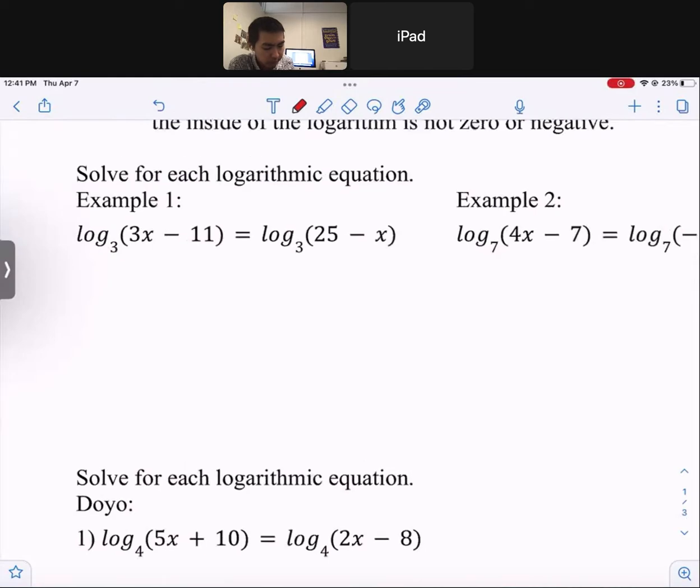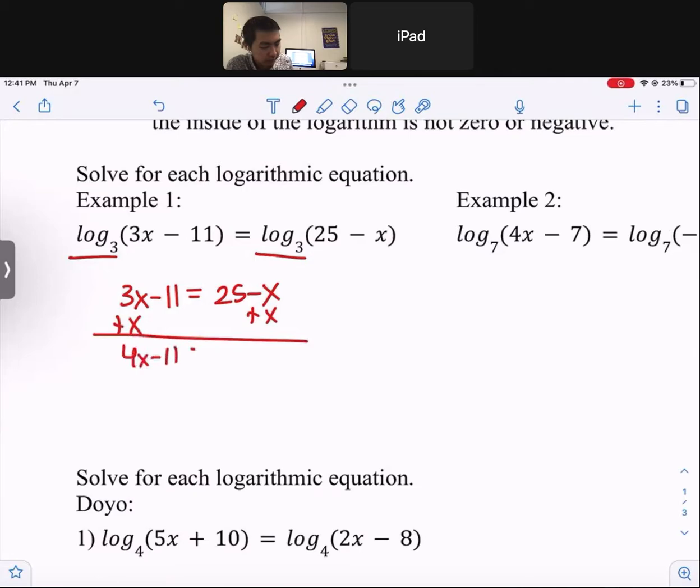Notice we have a log equals a log, so we just equate both arguments together. Then we solve for x by putting variables to one side. I'm going to put them on the left and constants to the right.